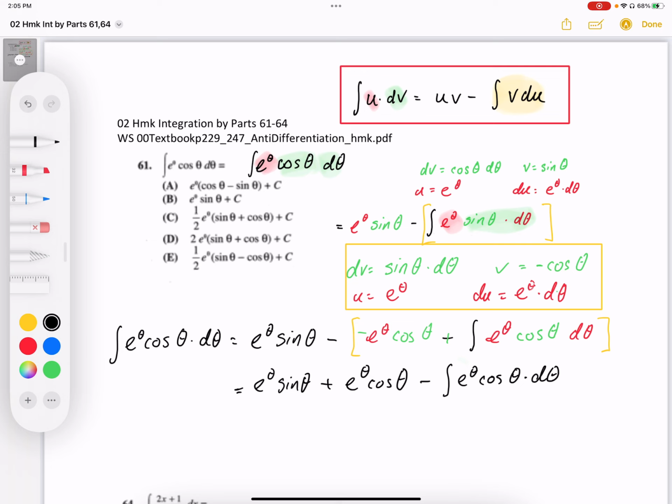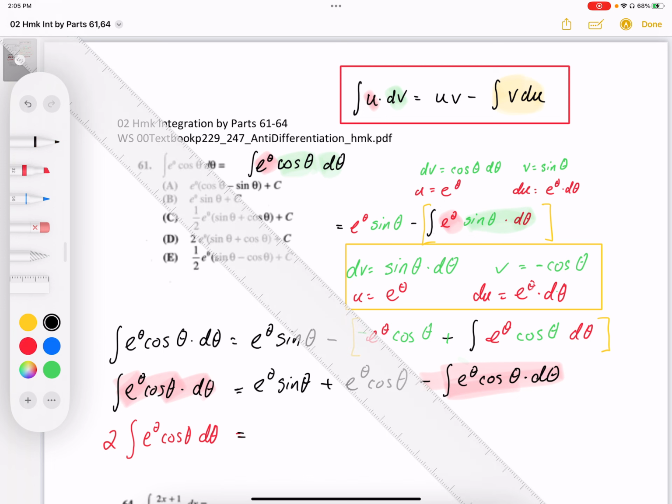Now, this looks like we really haven't gotten anywhere. However, because that's a minus integral of e^θ cos θ, I'm just going to highlight this. That minus allows me to move it to the other side and group it with that expression. So I'm going to add it to both sides, and I have two of those expressions: 2 times the integral of e^θ cos θ dθ equals all of that.